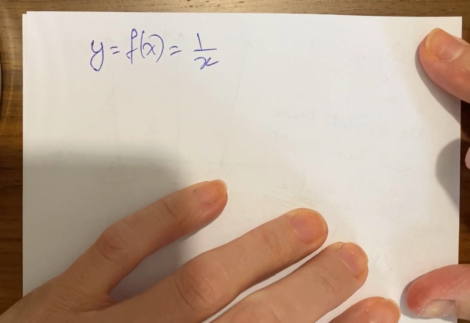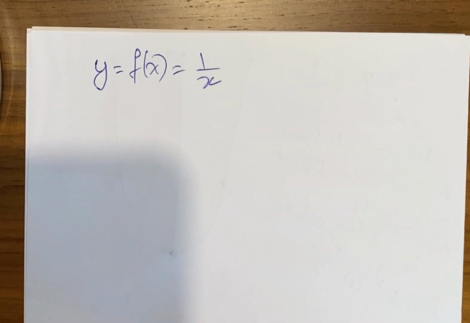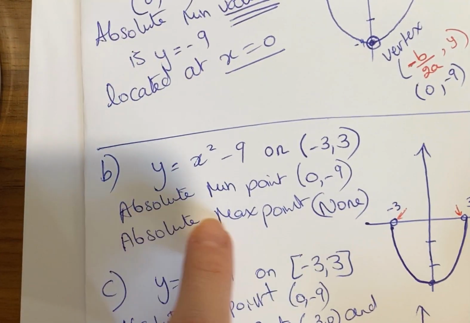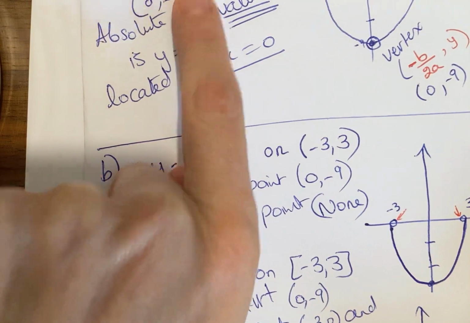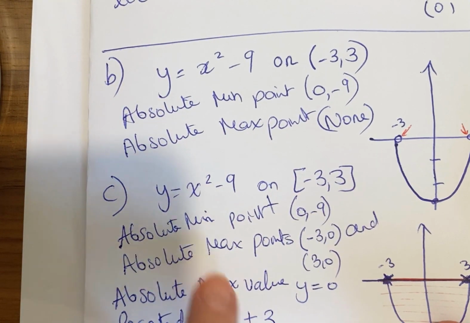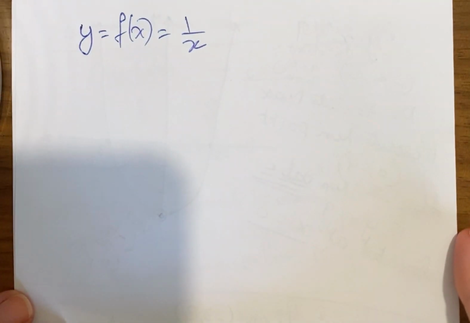So we want to find a pattern in how functions behave, to see if we can generate a rule on how to find maximum or minimum. As we saw here, for the same function, one time we found a minimum and no max, and then we changed the interval and now have an absolute min and an absolute max. So what was changing? The interval where we are defining the function.